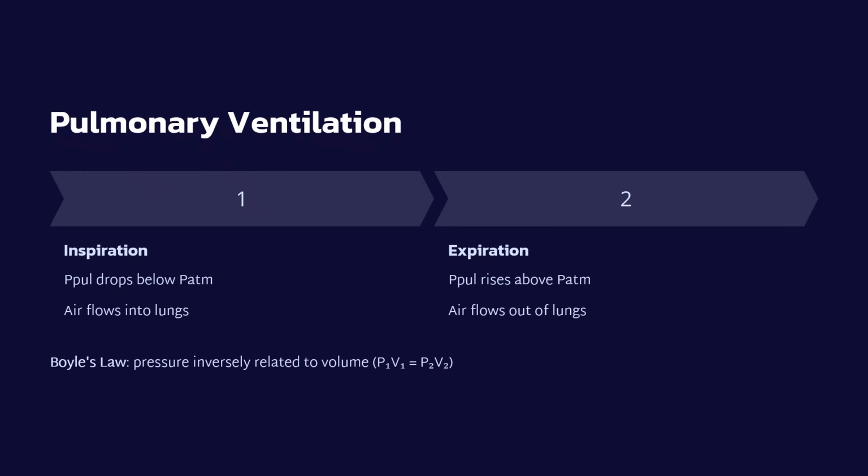So when the diaphragm and your intercostal muscles contract, the thoracic cavity volume increases and your intrapulmonary pressure falls below your atmospheric pressure. So air flows into the lungs. When these muscles relax, your thoracic volume decreases, your intrapulmonary pressure rises above your atmospheric pressure, and air is pushed out of the lungs.